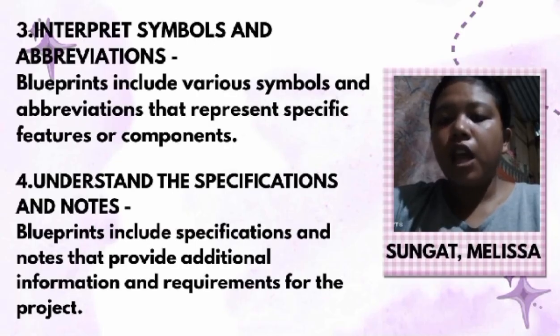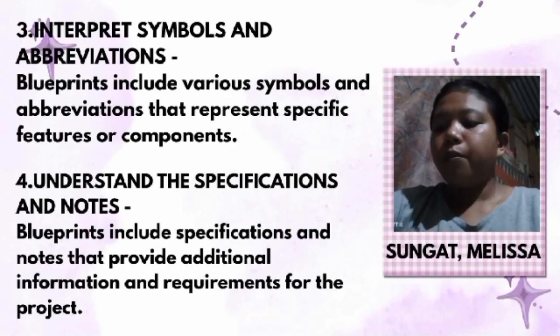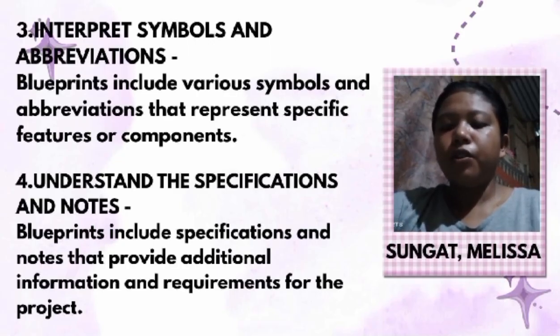These symbols and short forms are used to represent different parts, features, or materials in the project. So you must know what each symbol and abbreviation stands for so you can correctly understand what the blueprint is showing. Misinterpreting them can lead to mistakes in construction.